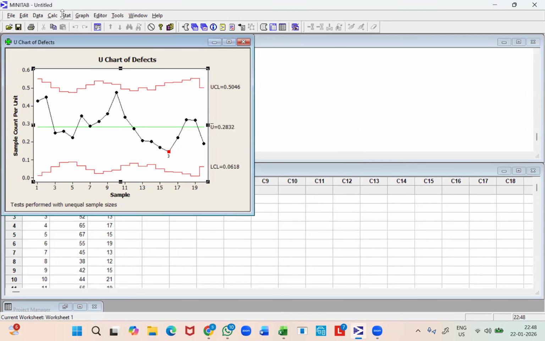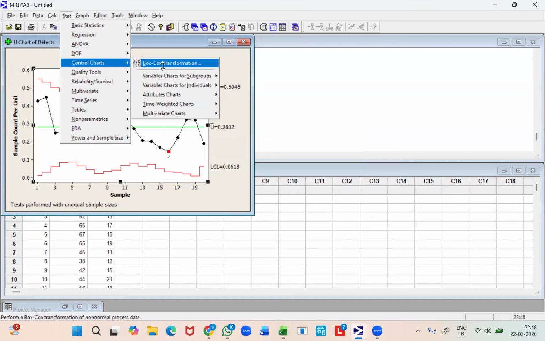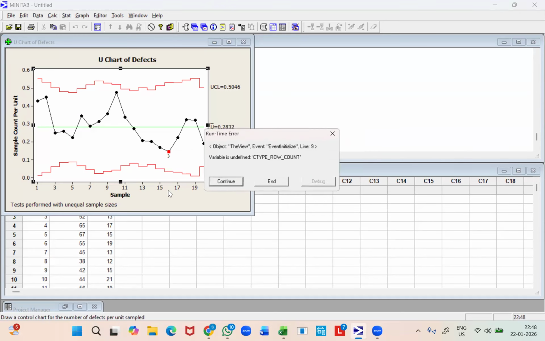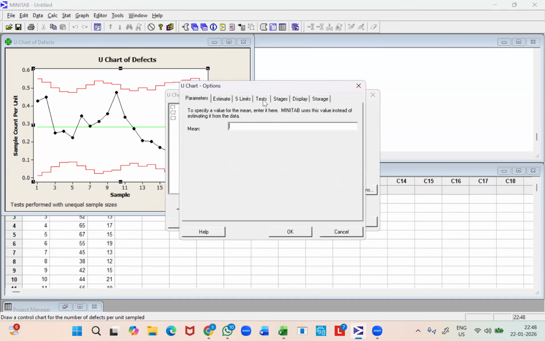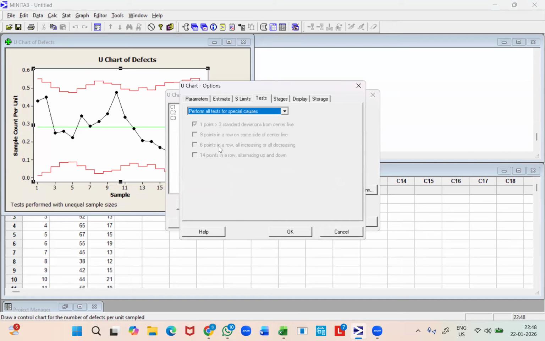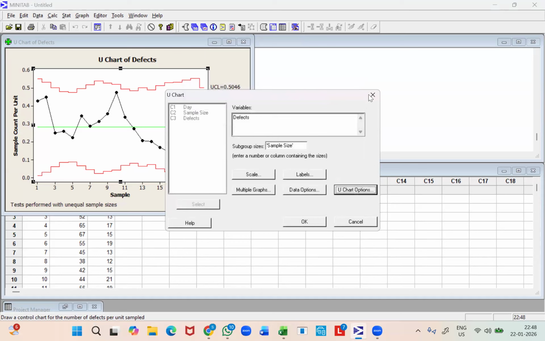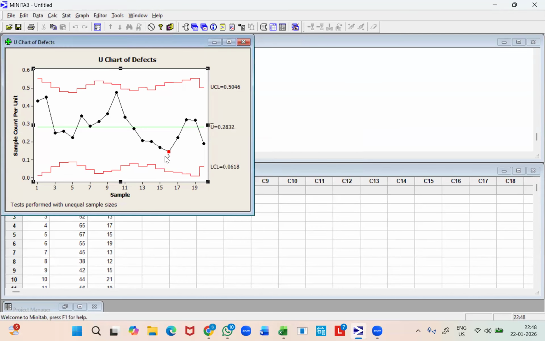Go to Stat, Control Charts, Attribute Charts, U chart, and then look at U chart options and click on Test. So what is rule number 3? It is 6 points in a row, all increasing or all decreasing, right? As we expected. So since we have 6 consecutive data points showing a downward trend, the 6th consecutive data point has been identified as the one influenced by some special cause variation.